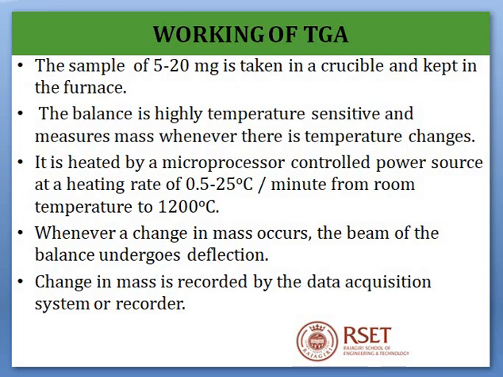Then using the power source, you are heating the furnace, and the reaction will take place inside the sample, and this reaction will lead to mass loss, and the mass loss is recorded by an analytical balance. The analytical balance records the mass change, and the temperature is recorded by the temperature sensor. The recorder will plot the mass versus temperature graph.